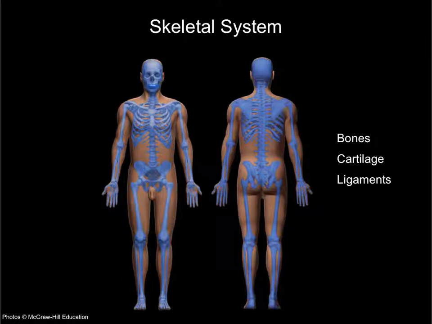Collectively, all of these comprise the skeletal system, and specifically, it also includes the connective tissues that form what are called joint capsules, which are what make synovial joints, like say the elbow or the shoulder. And we'll talk about those more when we talk about articulations.